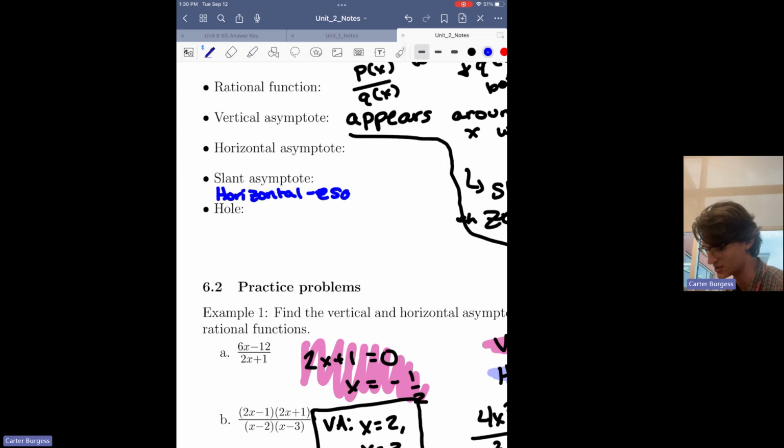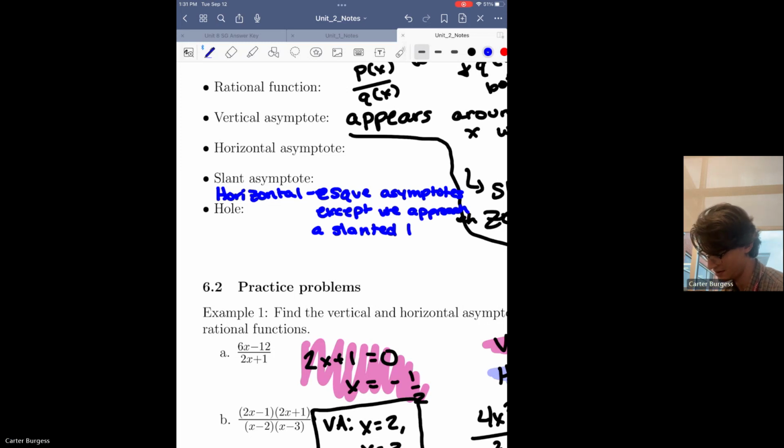I'm going to call them horizontal-esque asymptotes, except we approach a slanted line rather than a horizontal line.